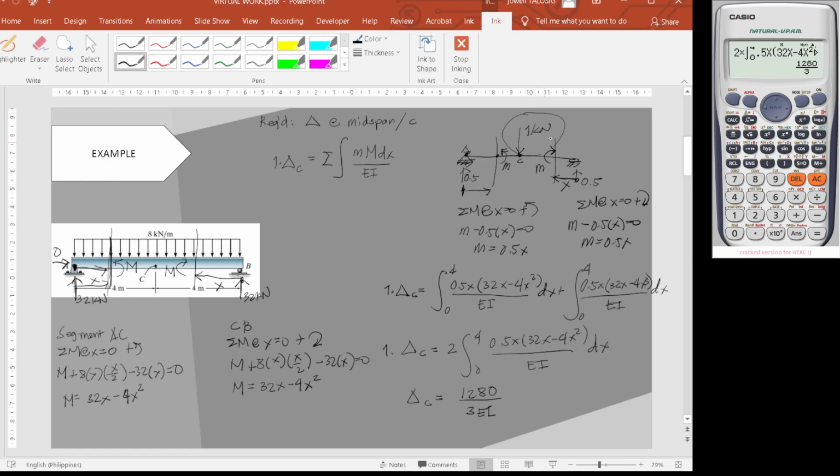If the answer is negative, your delta will be opposite to the direction of the unit load you applied in the beam. So this one is positive, meaning your delta C is going downward, the same direction as this 1 kilonewton.